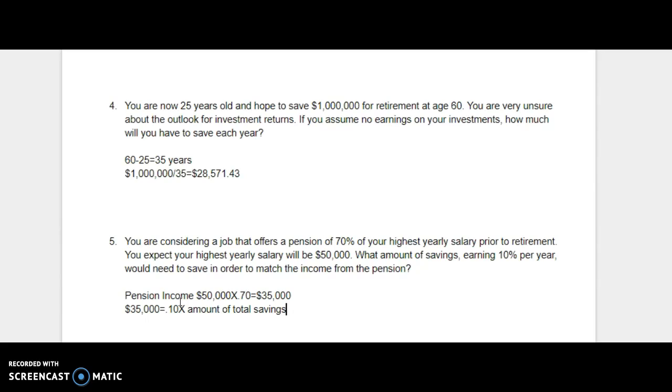So 35,000 is equal to 0.1 times the amount of total savings. So we're actually going to divide both sides of the equation by 0.10 and figure out how much we would need to save. So when we divide 35,000 by 0.10 or 10%, we would have to save $350,000 in order to match the income from our pension.